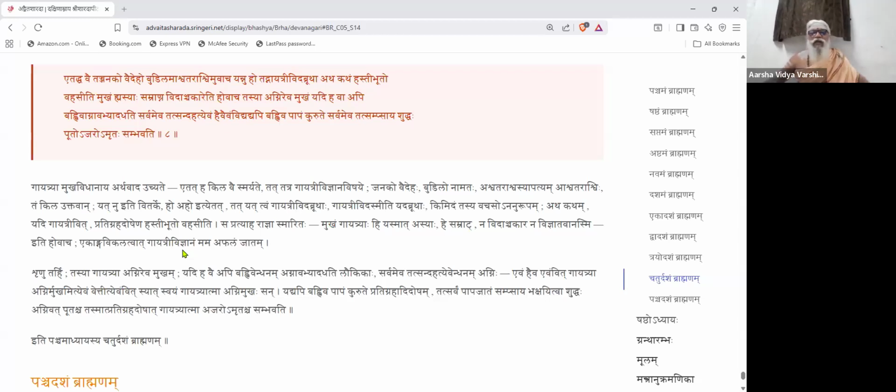All that papa will be consumed. It will not affect you. Shuddhaha agnivat putascha. Like the Agni, you become purified. That is the meaning here. Shuddhaha, you are pure, and also Putaha means you will be cleansed. That is the meaning of Puta.